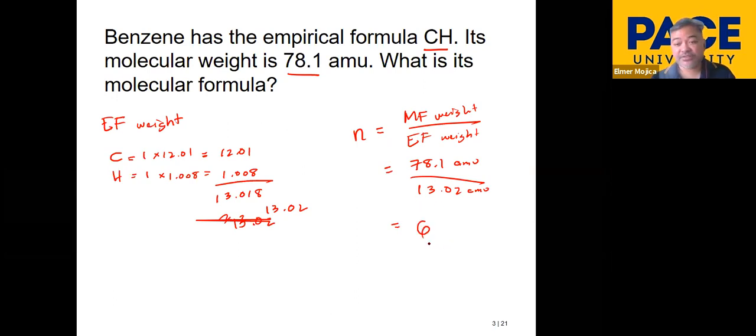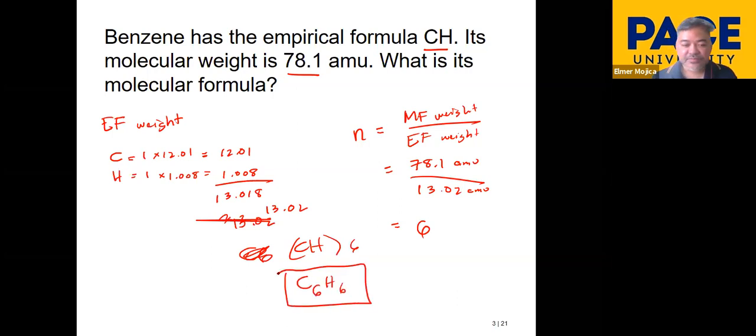Around 6. So that means you multiply the CH here by 6. So you end up with C6H6. Now to check if this is really C6H6, it should give you this molecular weight.